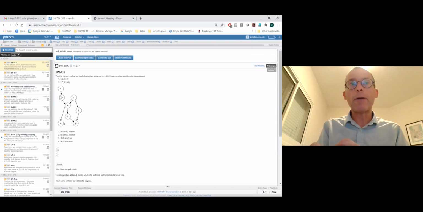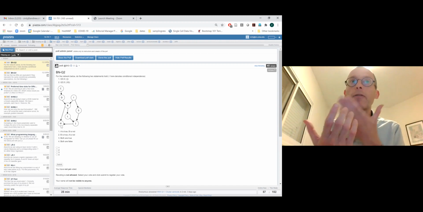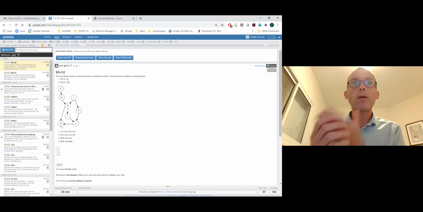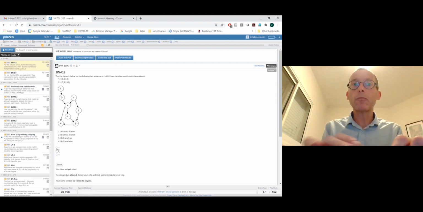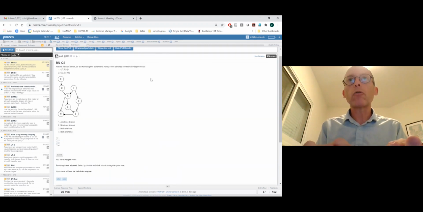This is the path D, A, H and this is S, J, H, right? H is a collider in this case. If we know H, they are connected. If they are connected, they are not independent. So B is not. So the answer in this case is 1, which the majority selected. Great. Okay. So this is just a way to use d-separation.